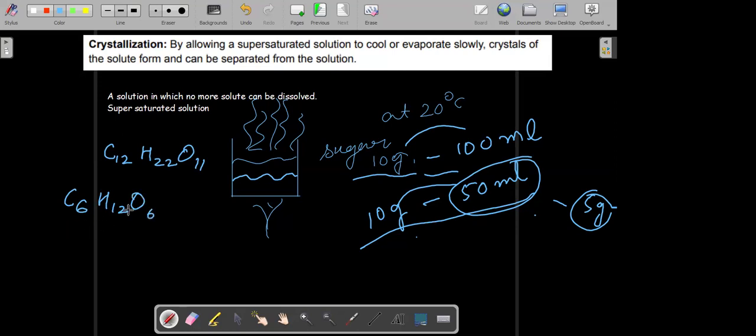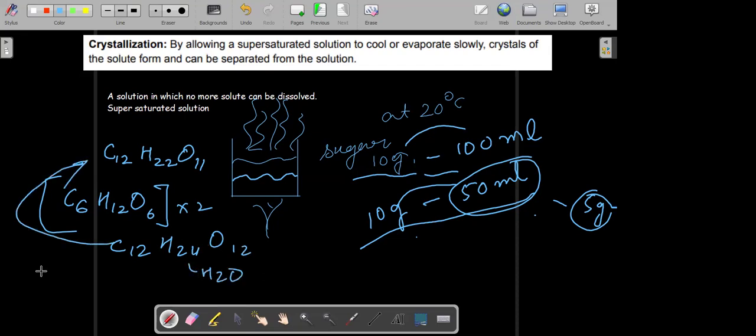So multiply this glucose formula by 2 and you get C12H24O12. From this, if you subtract an H2O molecule, you will get your sugar. So your sugar is actually made up of two glucose molecules joined together. Understood?